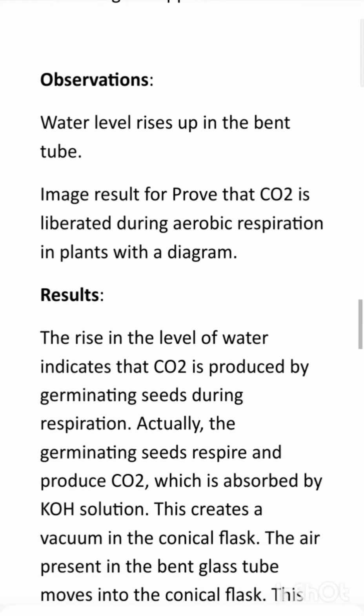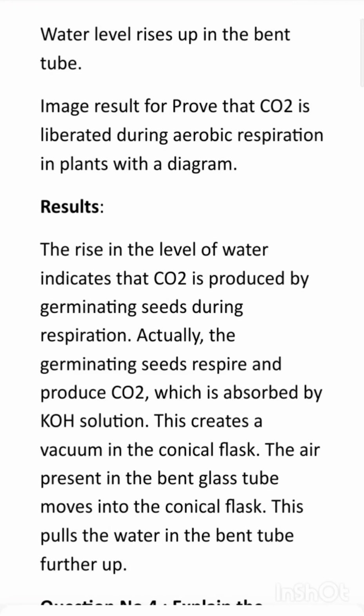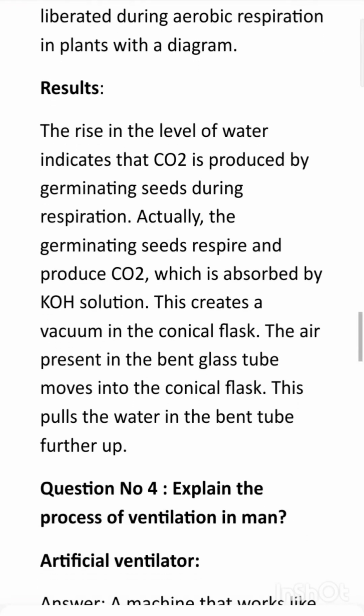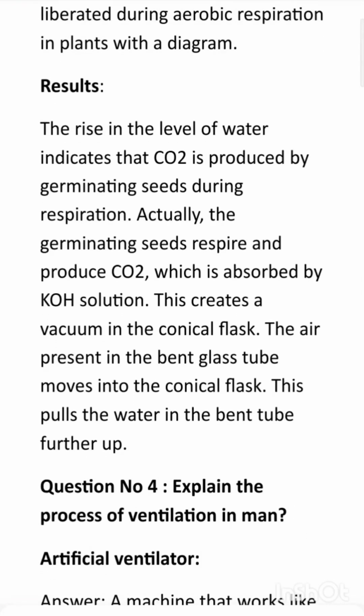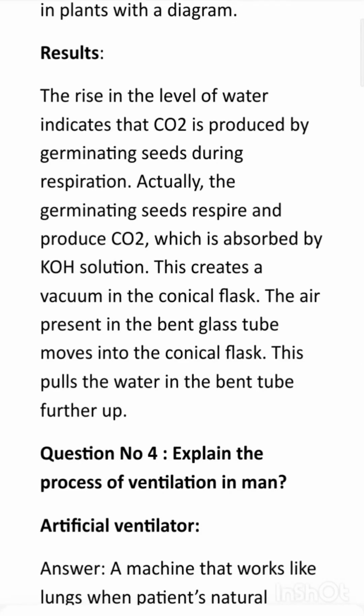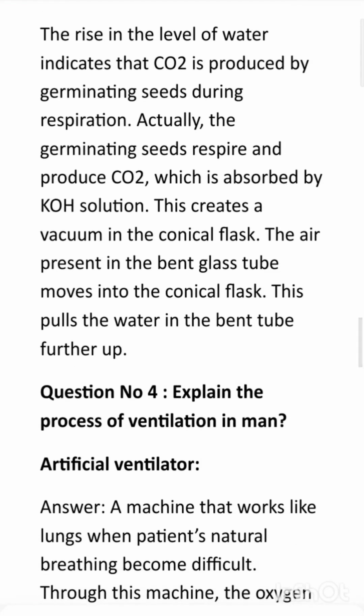Observation: the water level rises up in the bent tube. Image result of proof that carbon dioxide is liberated during aerobic respiration in plants, with a diagram. So the result is, the rise in the level of water indicates that carbon dioxide is produced by germinating seeds during respiration.